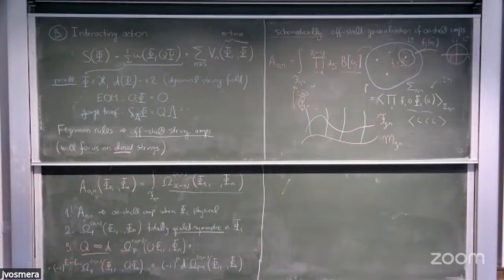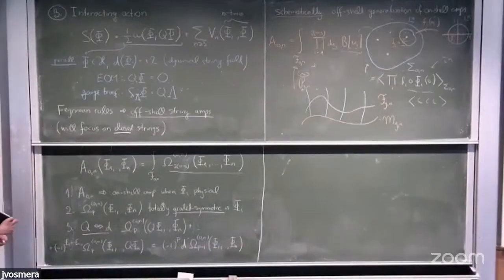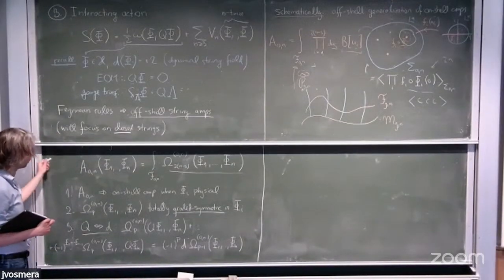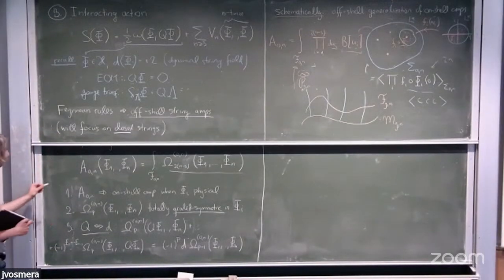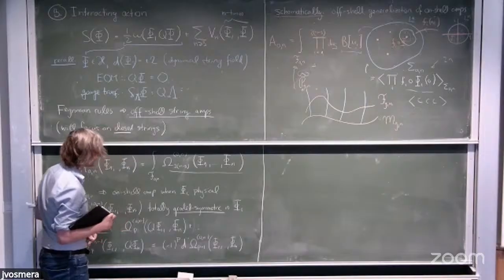Then I need to choose this form in such a way that for this offshell amplitude, when I take these external states back onshell, back to being physical, I am able to recover the expected answer for the onshell amplitude.